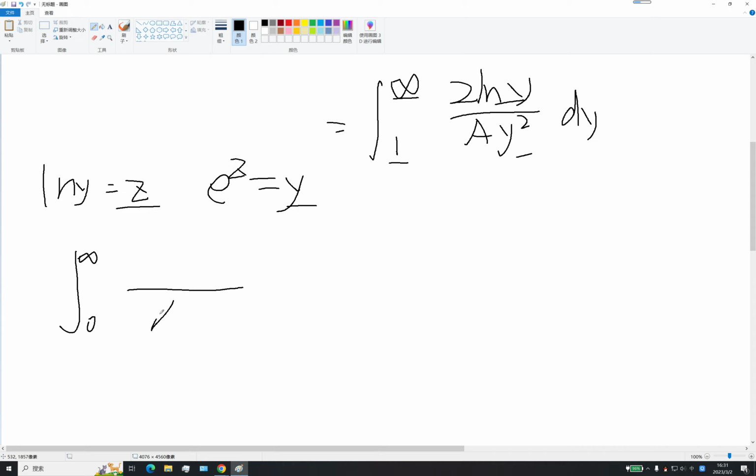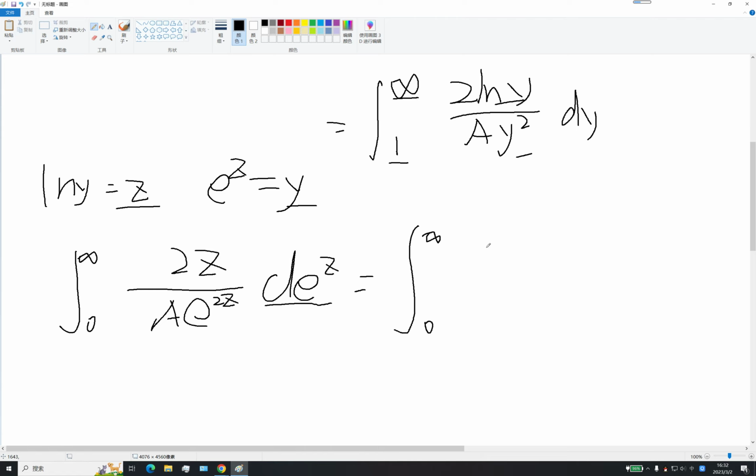And this is a, e to the z, this is 2 multiplied by z, and this is d(e to the z). So we can turn de^z into e^z dz. This is the integral from 0 to infinity of 2 multiplied by z and a e to the z.